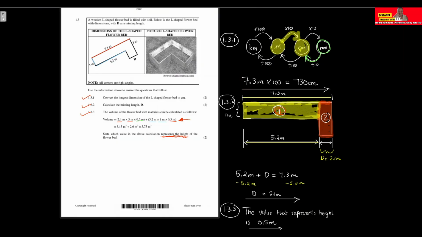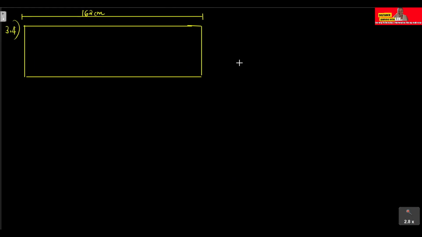So we take that 162 centimeters and multiply it by 10 to have the width of this bookshelf in millimeters. If you multiply it by 10, you'll see that the width is equal to 1620 millimeters.